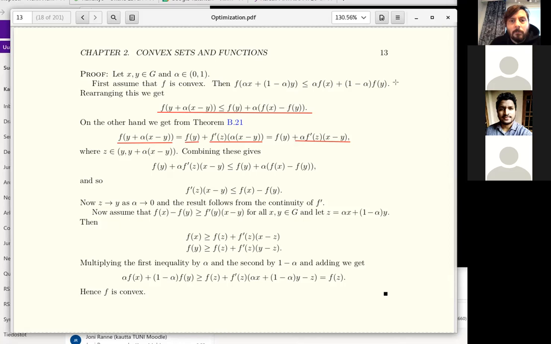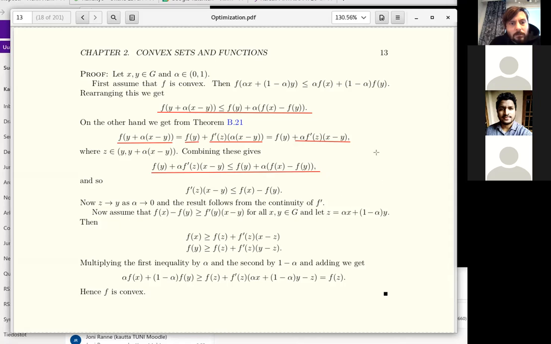This we get from convexity by a minor algebraic reorganization. So we can apply this to convexity, and we get that this left-hand side is smaller than that right-hand side.